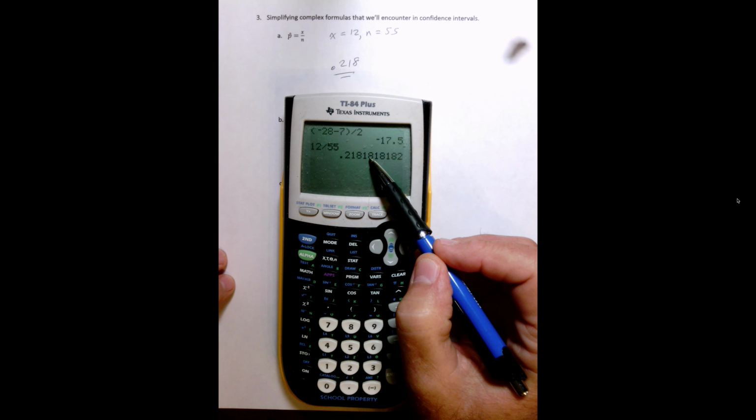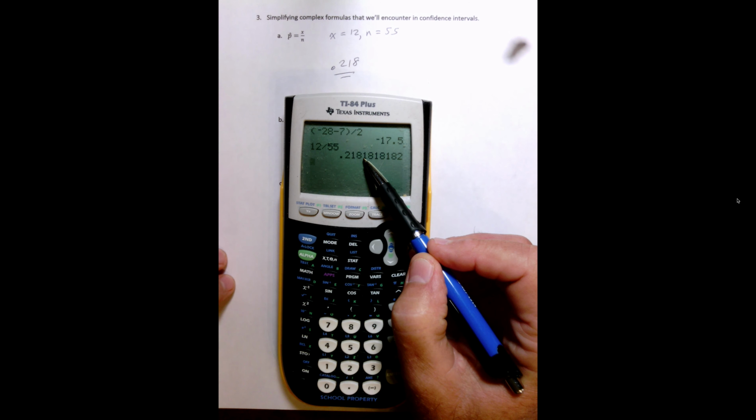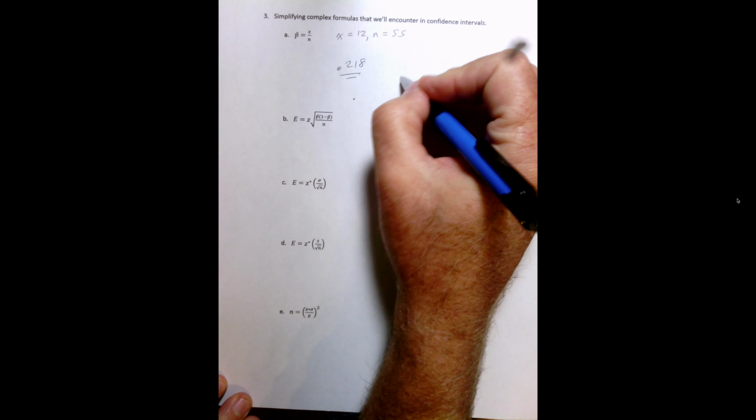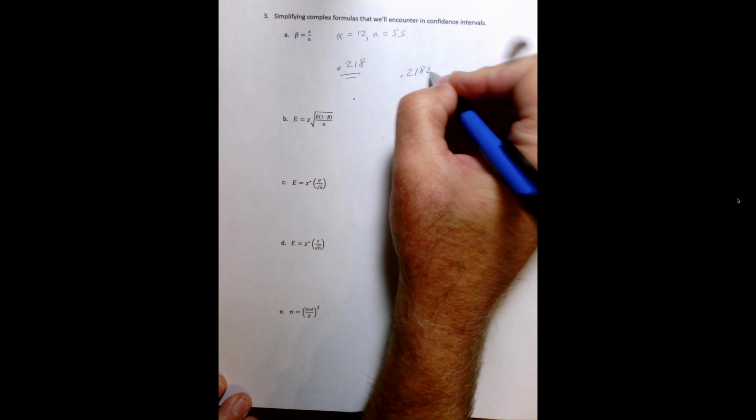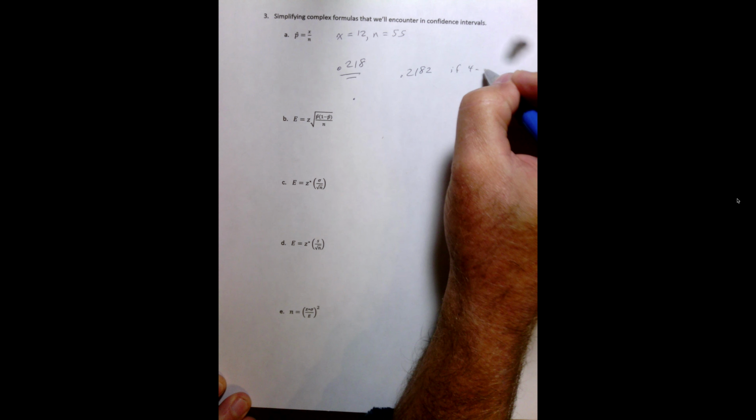I always have to investigate this digit over here to see if it's 5 or bigger. If it is, then this becomes 2. So in this case, that would be 0.2182 if my StatLab requested 4 digits beyond the decimal.